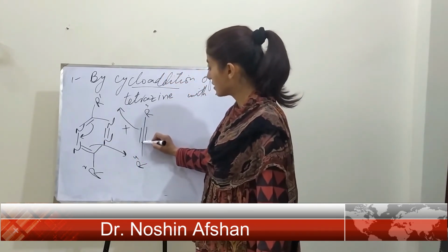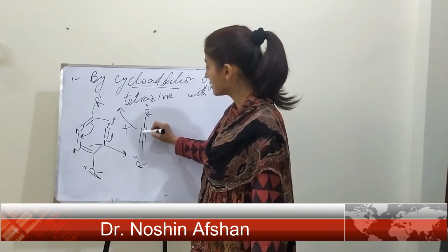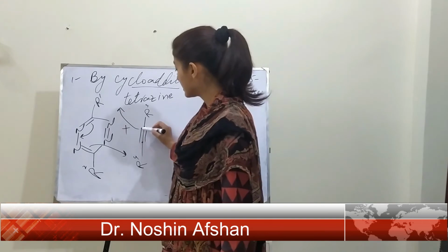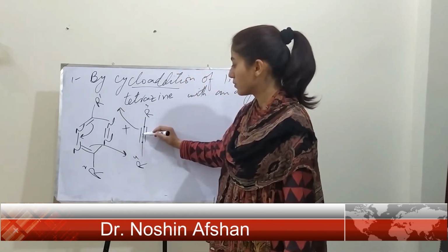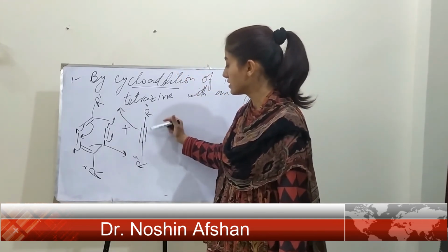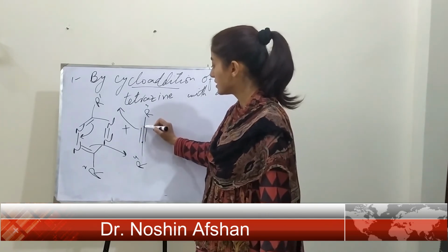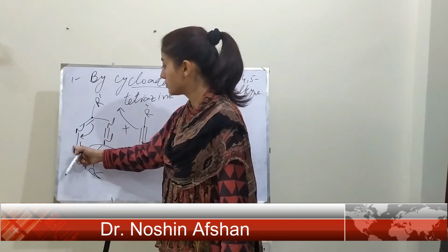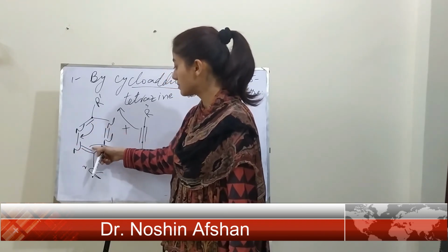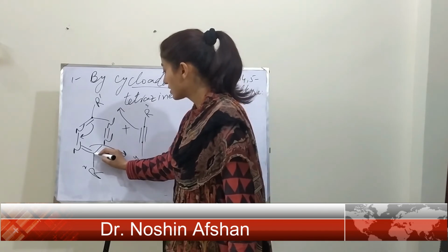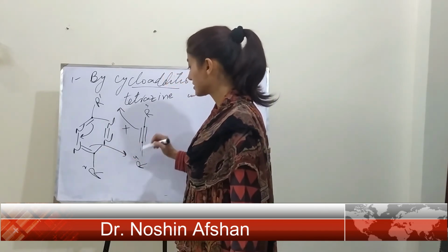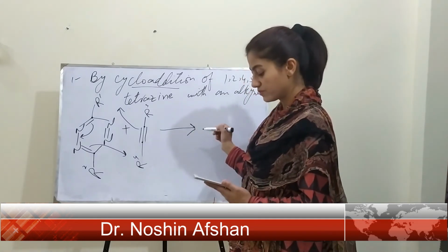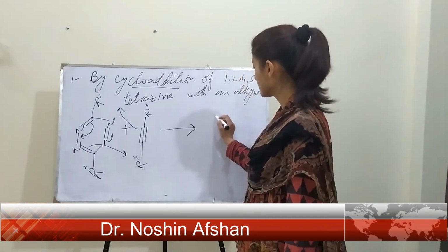So at this carbon and this carbon, this arrow means one pi bond from this triple bond would form a new bond between this carbon and this carbon. This double bond would be shifted between these two nitrogens, and this double bond would be shifted between this carbon and this carbon to form a new sigma bond. And the next step would be like this.